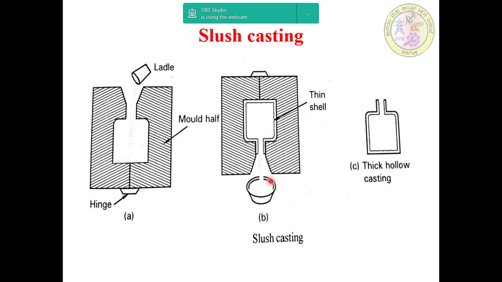A thin layer of solidified metal is formed in the mold. The mold is opened and the thin hollow casting is taken out. This is the thin hollow casting you will get. This is the simple process for producing a casting.